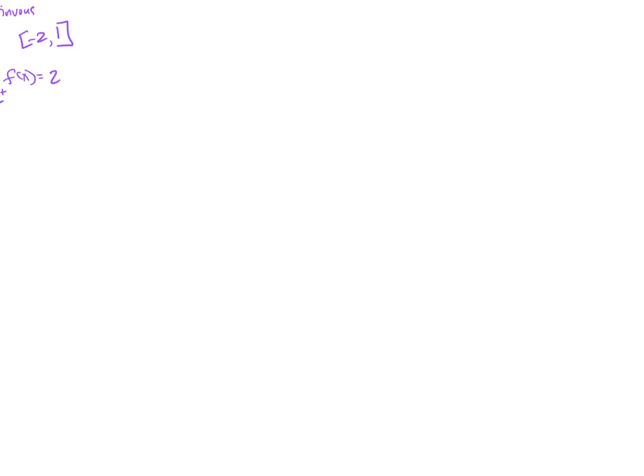Then you're going to say what is f of negative 2, and you would say 2. Now what is the limit as x approaches positive 1 from the left of f of x? You're checking the boundaries here. 1. What is f of 1?